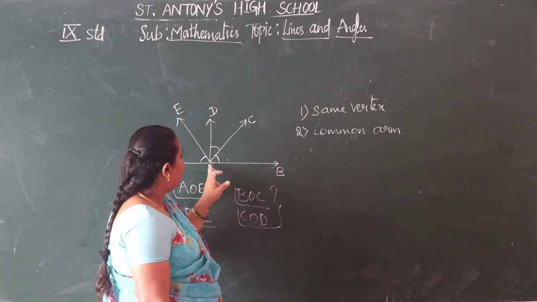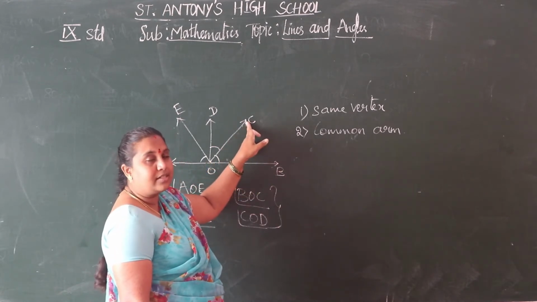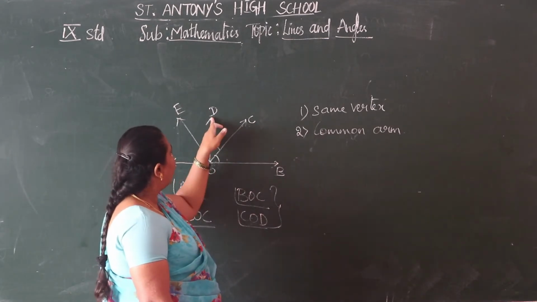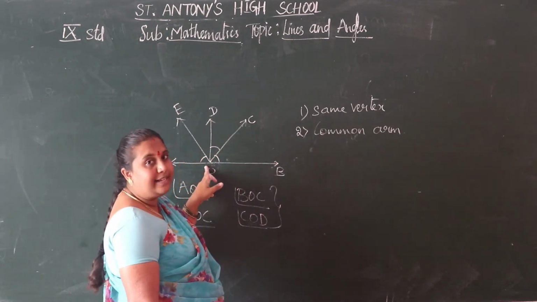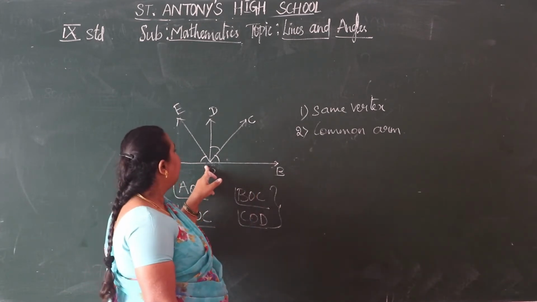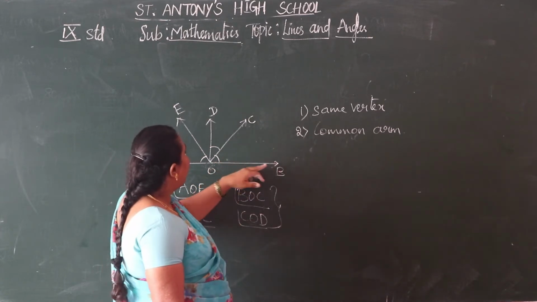See here, angle BOC stands on vertex O, and angle COD stands on vertex O. So the first condition is okay, and then we move on to the second condition, common arm.